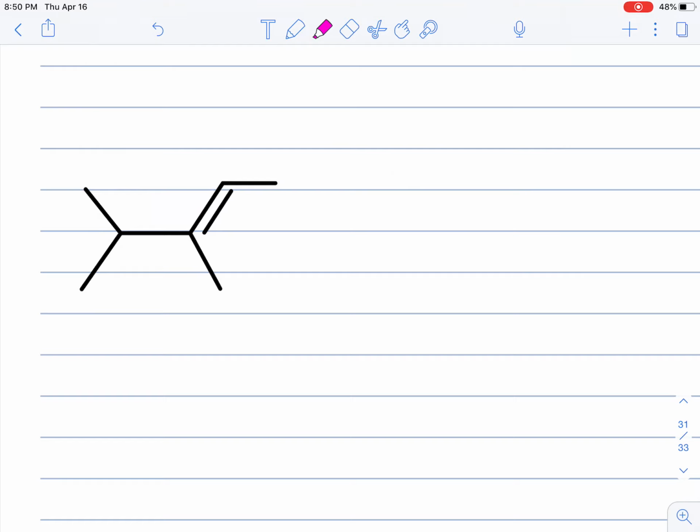All right, so the first thing I need to do is figure out my parent chain. So here I have 1, 2. Oh, look, branch point. 3. Nope, still have lots of carbons to go. 3. Ooh, look, another branch point. 4. Nope, I still have other carbons to go through. 5.